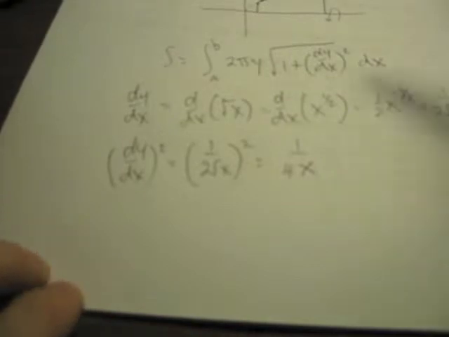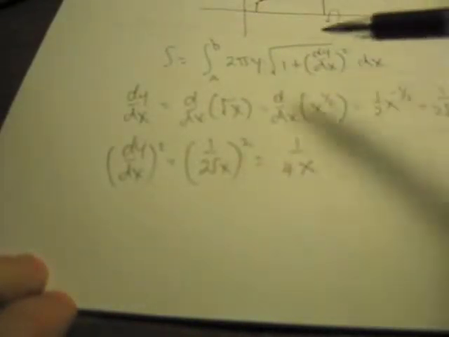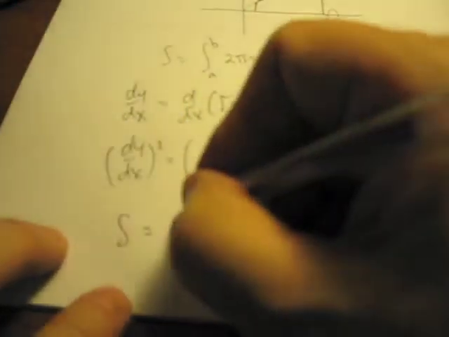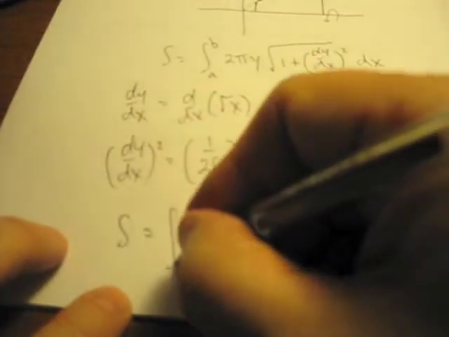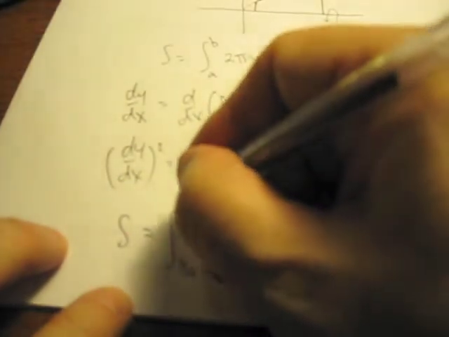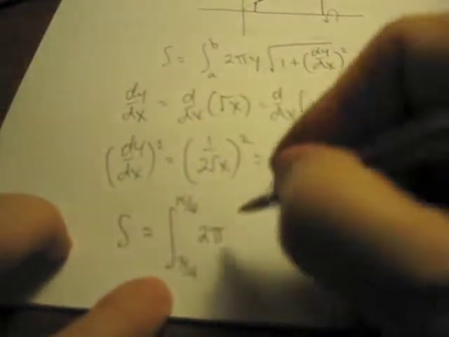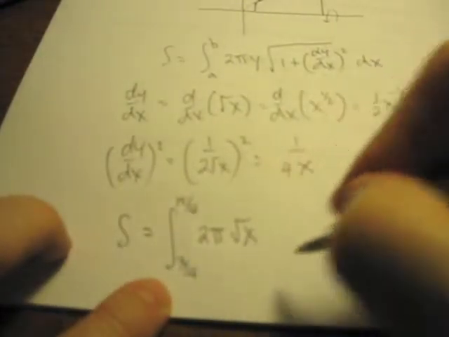Right, so we have the dy on dx squared part. So we now look at the area. Surface area is going to be from 3/4 to 15/4 by 2 pi by y. Now, of course, y is the square root of x.